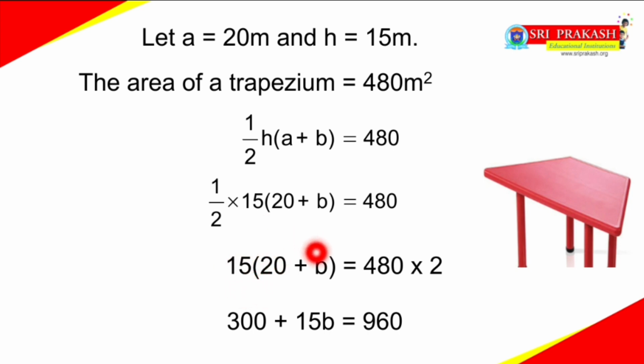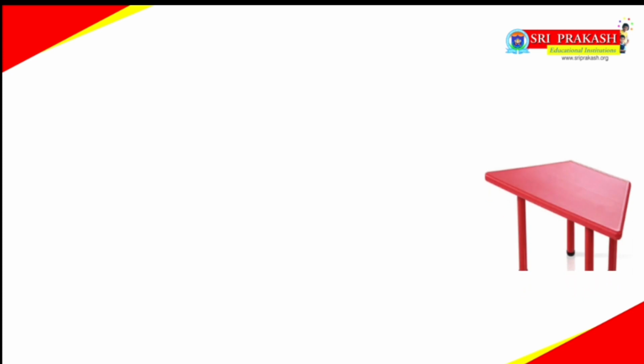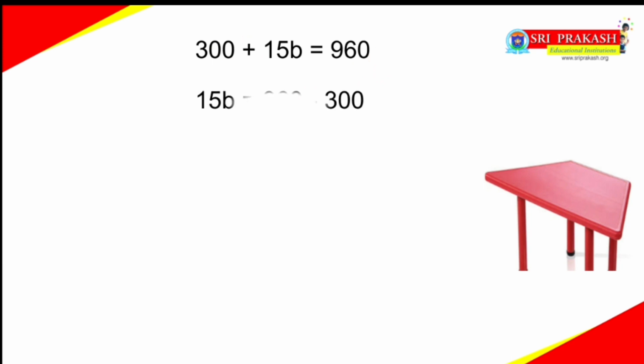Next 15 into b is equal to 15b. Next 480 into 2 which is equal to 960. Now let us shift 300 from LHS to RHS. Then we get 15b is equal to 960 minus 300. By subtracting these two numbers, we get 15b is equal to 660.